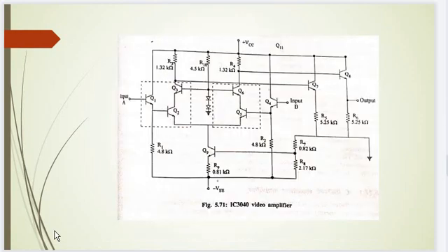3040 video amplifier is a monolithic video amplifier which has a cascade amplifier configuration. The input stage is formed by a compound connection of common collector and common emitter configuration with Q1, Q2 and Q3. The three transistors are operated in common collector, common emitter and common base configuration respectively.